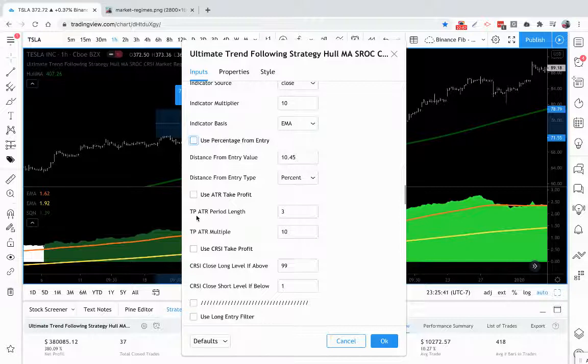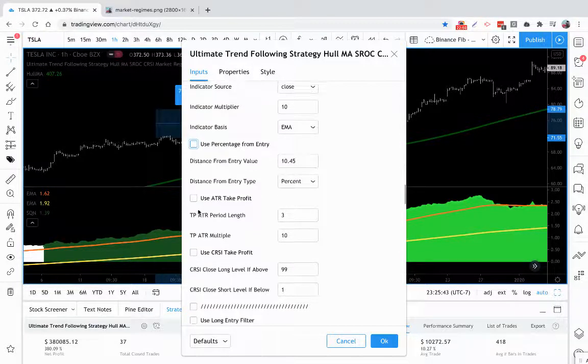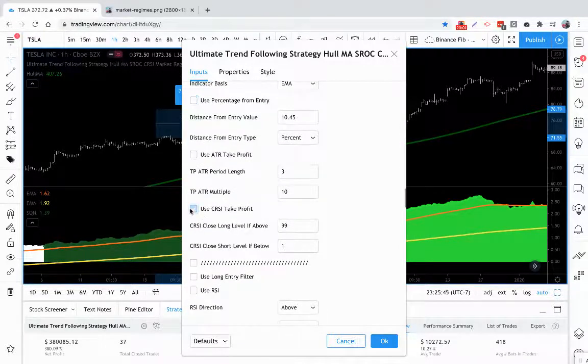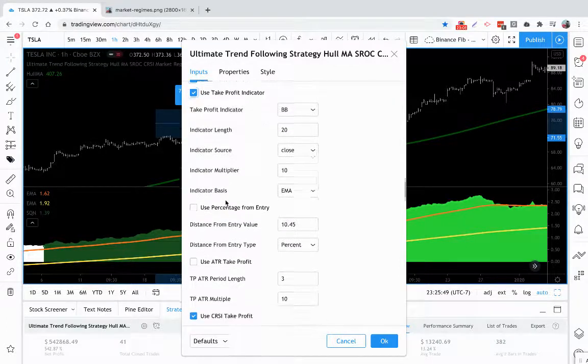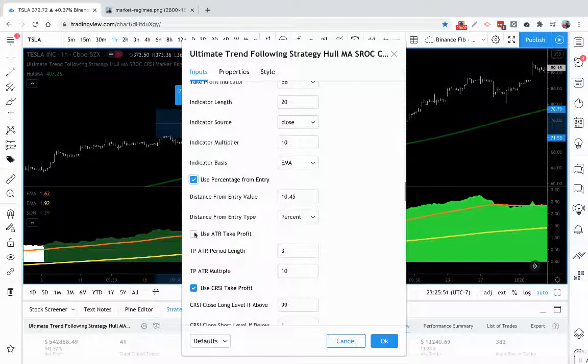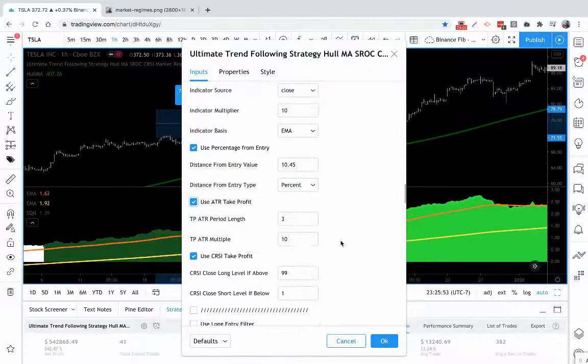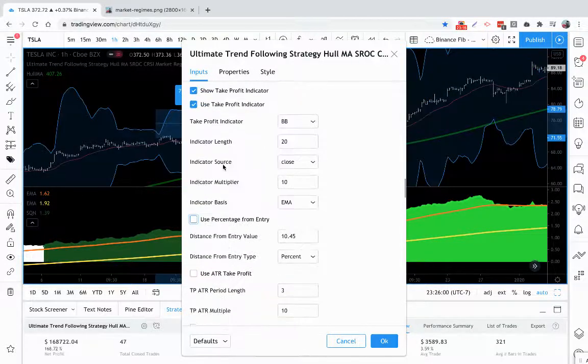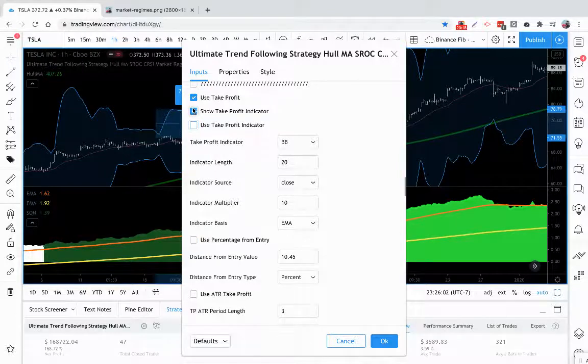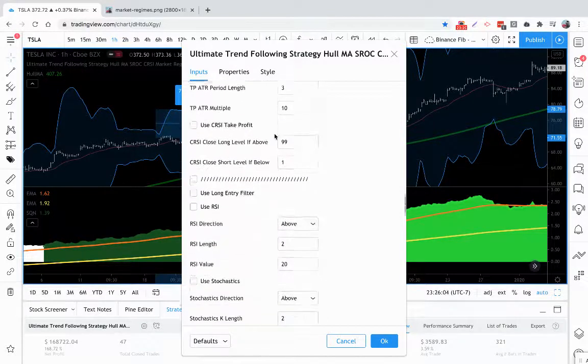And you can use these by themselves, or you can use them in combination with each other. And whatever happens first is what you'll be exited on. So there's a lot of experimentation to use them by themselves or with each other to see which ones give you the best results.